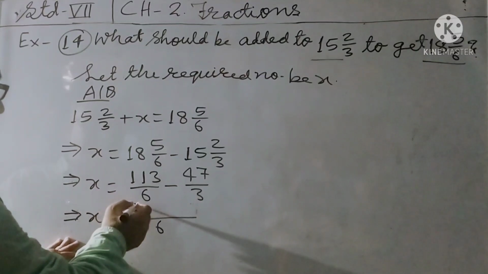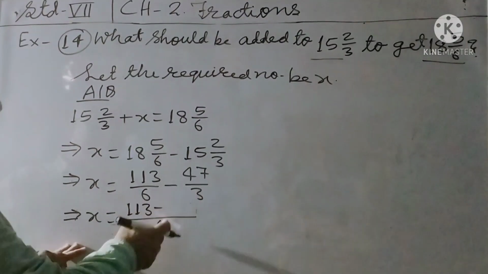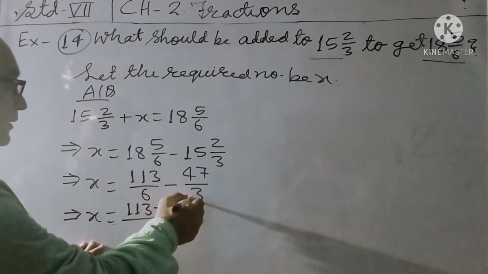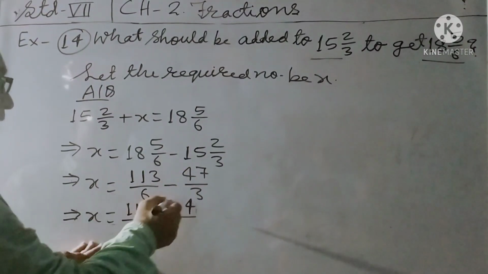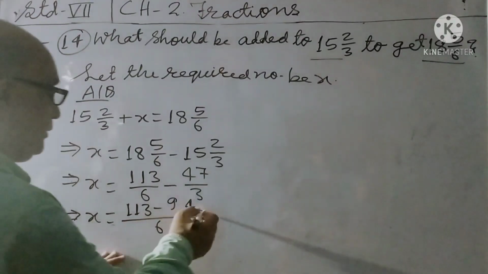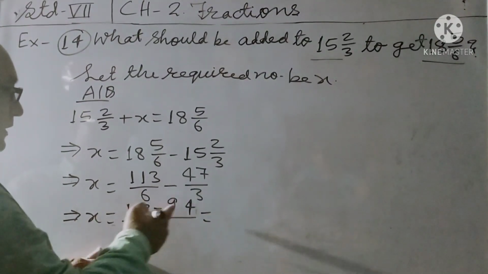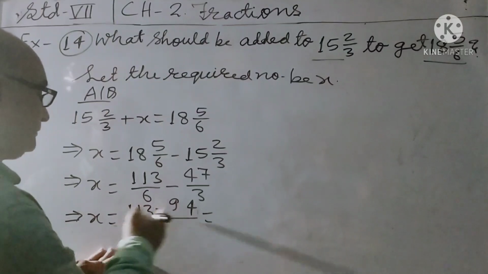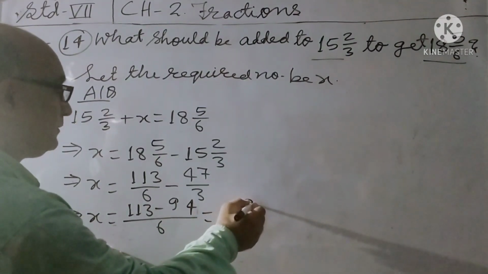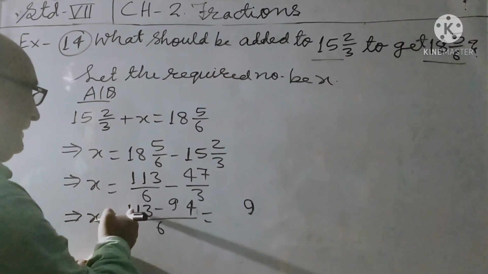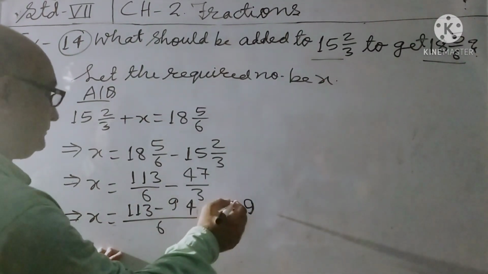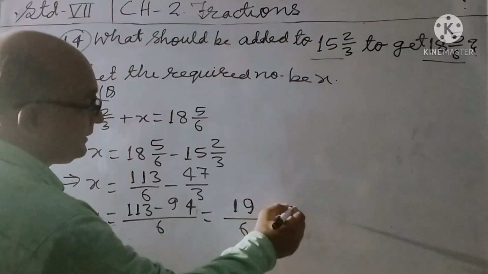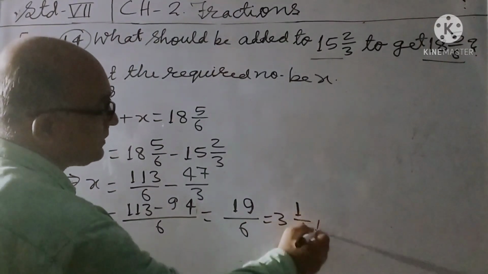So 113 minus 47 twos are 94, all over 6. 13 minus 4 is 9, and 10 minus 9 is 1, so 19 by 6. 6 threes are 18, so 3 whole 1 by 6.